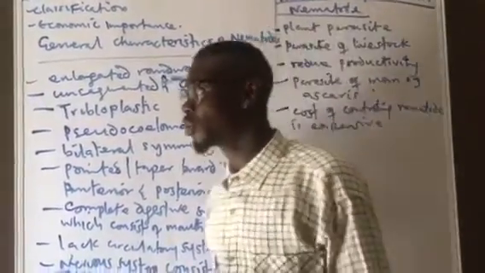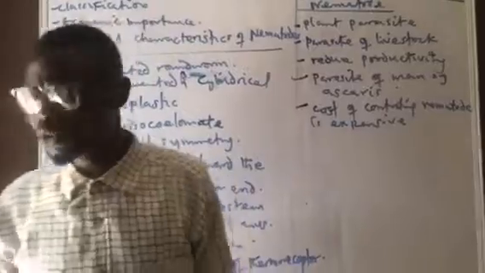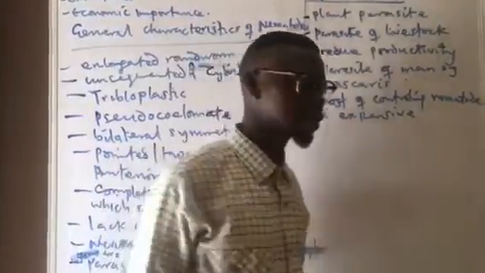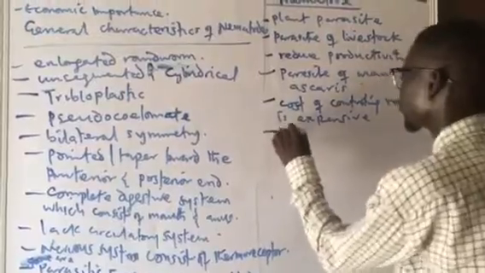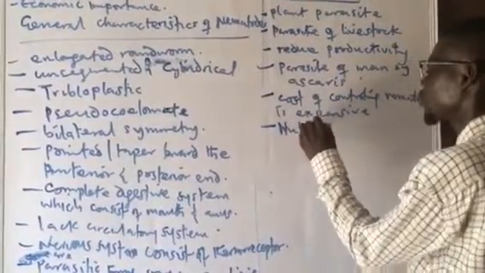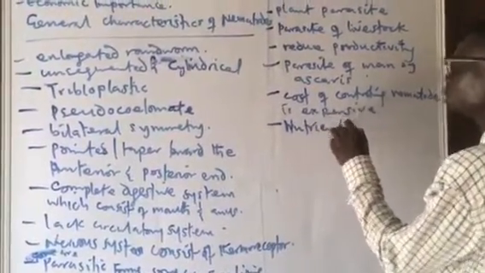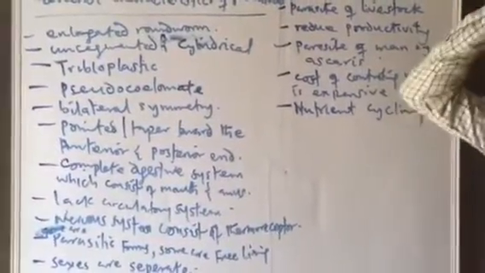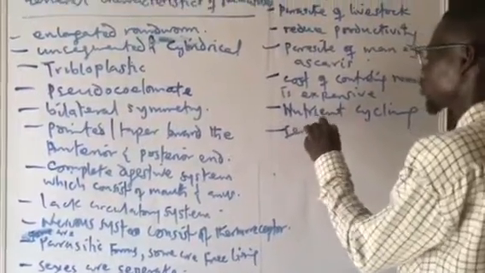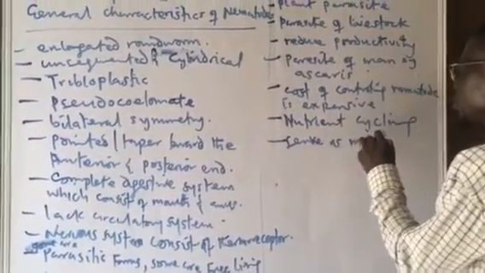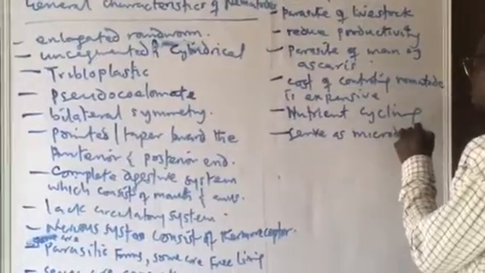They also form part of the ecosystem. Some of them are saprophytes, so they enhance nutrient cycling. The saprophytic ones carry out nutrient cycling. Some also serve as micro decomposers.